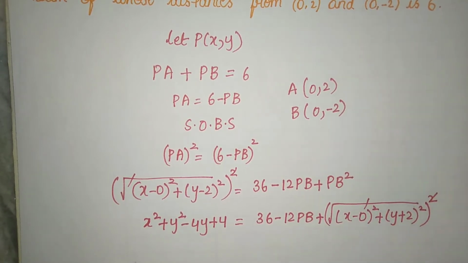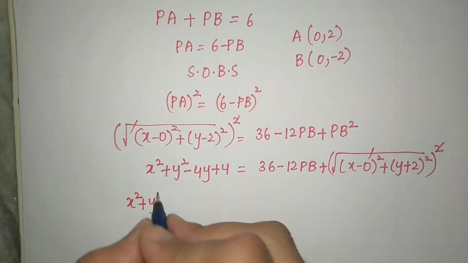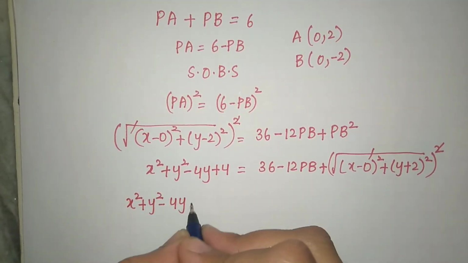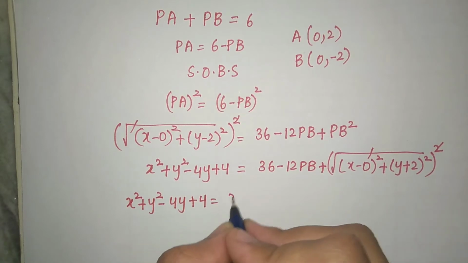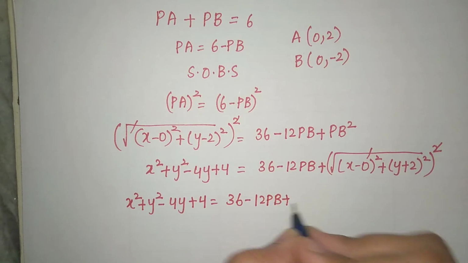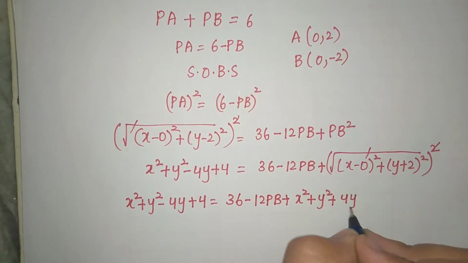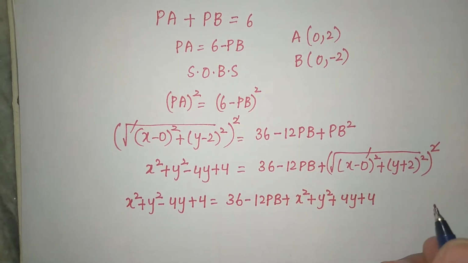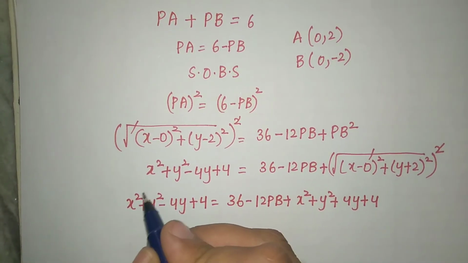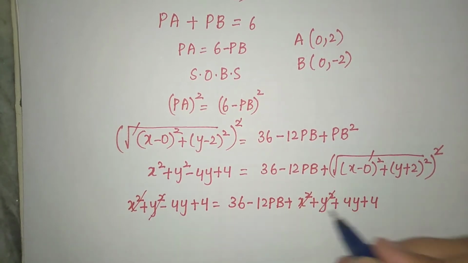Square and root will get cancelled. x square plus y square minus 4y plus 4 is equal to 36 minus 12 PB plus x square plus y square plus 4y plus 4.